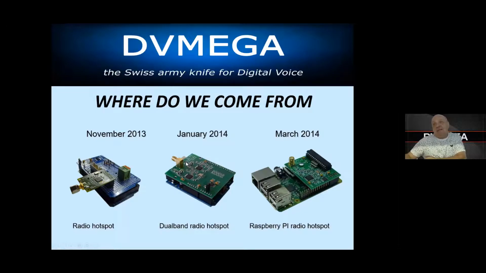That means that the host software, the software that lets you connect to a network, runs on a PC, a Linux or Windows PC at the time. And then the Raspberry Pi came in, and this board on top is the DVMEGA as it is still today.